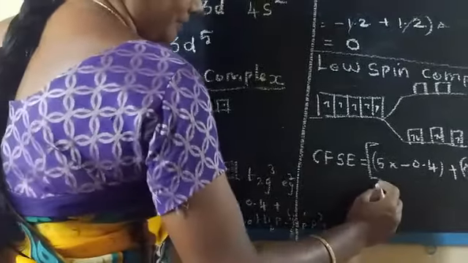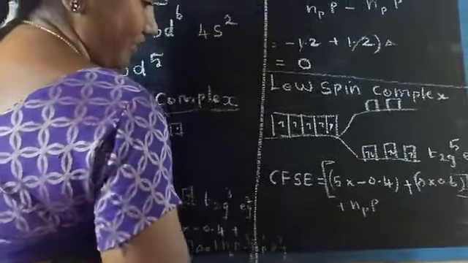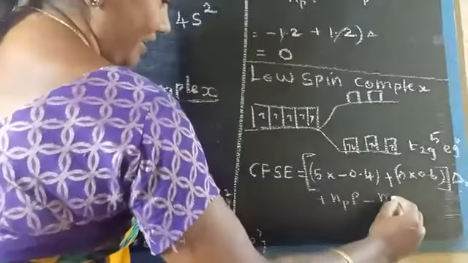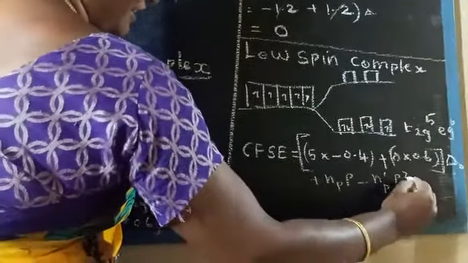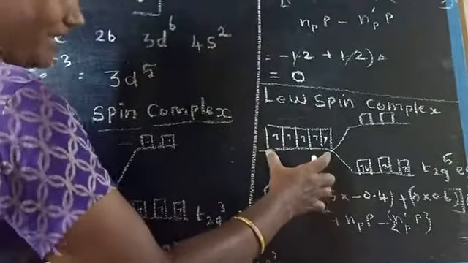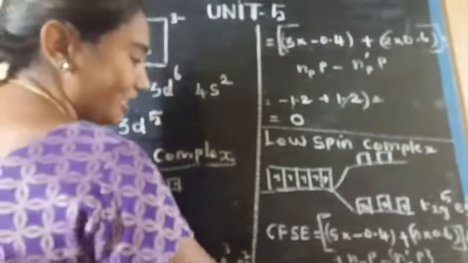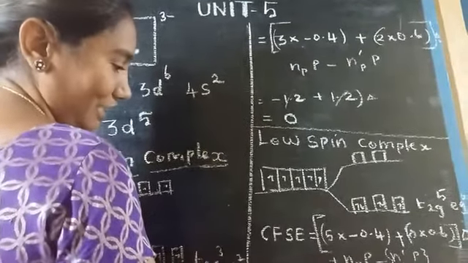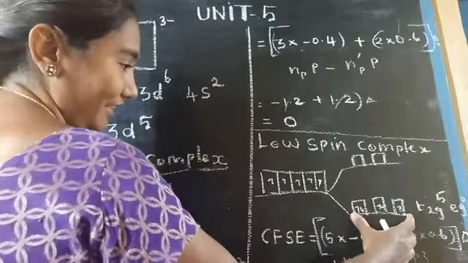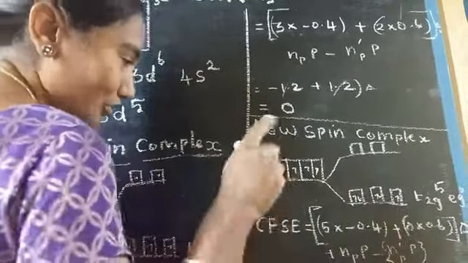Next term: plus nP, pairing energy, minus n'P', pairing energy. This one is denoted as the barycenter, no pairing, all the electrons are single, so here 0. Here the number of electron pairs in the ligand field, how many pairs? 1 set, 2, so 2.